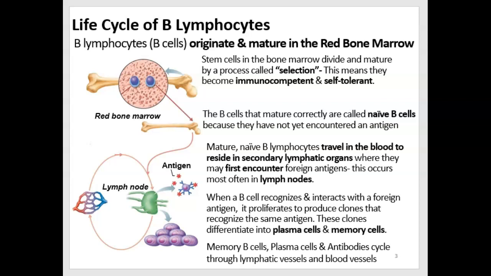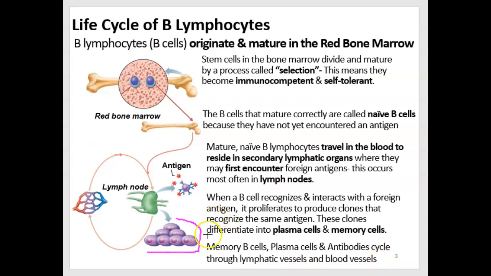Well, once a B cell recognizes and interacts with this foreign antigen in the secondary lymphatic organ, it proliferates. And that means it divides, and the daughter cells divide, and then those daughter cells divide. So you get this huge production of B lymphocytes that are clones of the original, and those clones recognize the same antigen. Some of those clones will differentiate into what are called plasma cells, and those are the purple cells shown at the very bottom, right here.